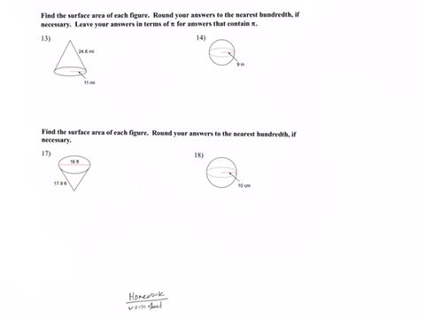All right, moving on to surface area. Again, these first two say leave your answer in terms of pi. So let's just write these formulas down. So for this one here, we're going to have this is equal to pi times r, which is 11 squared, plus pi times 11 times that lateral height, which is 24.6.